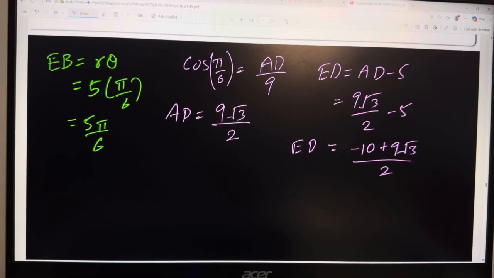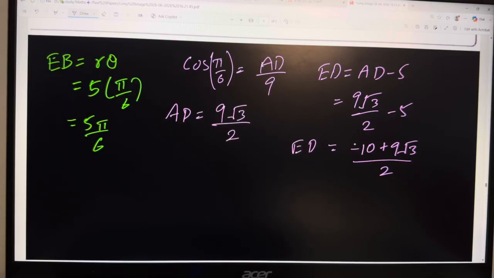So let me check the calculator. 9 under root 3 upon 2 minus 5 is equal to, yeah, okay, we get this.